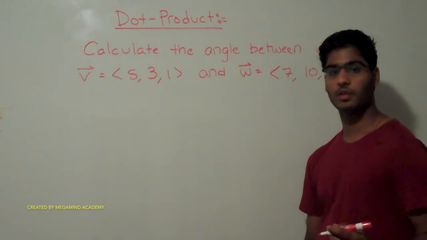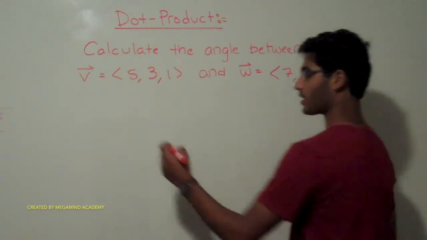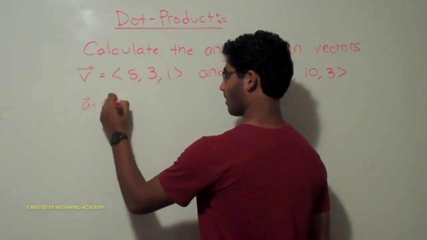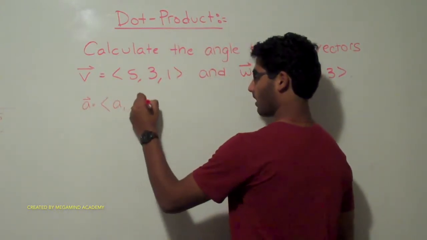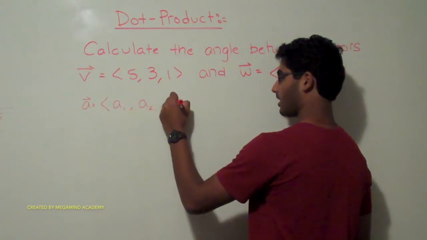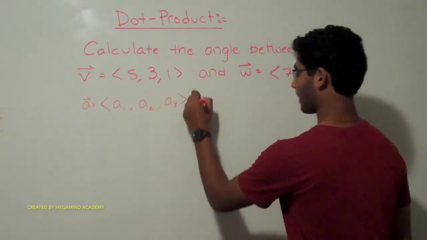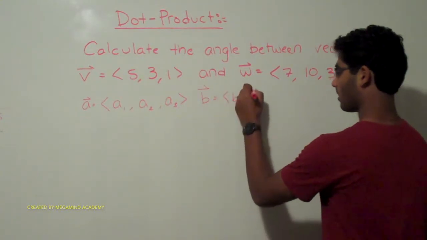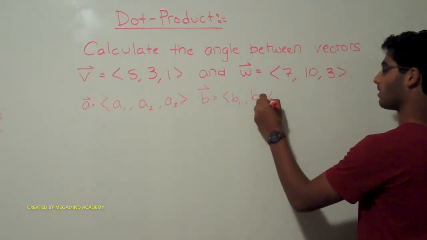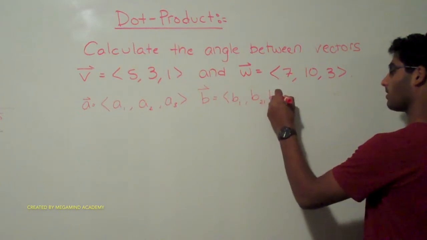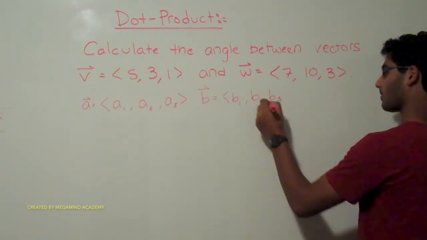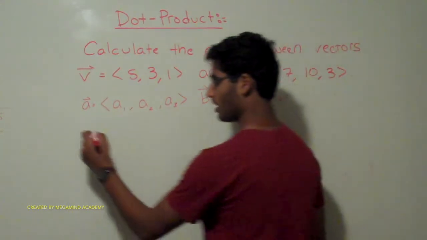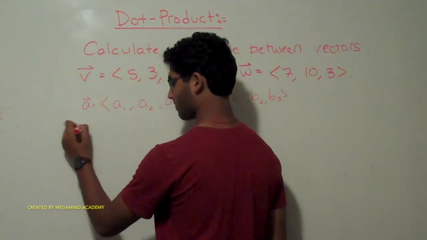So, what's the formula for a dot product? If we have vectors A equal to A1, A2, A3, and vector B equal to B1, B2, and B3, then the dot product is written like this.